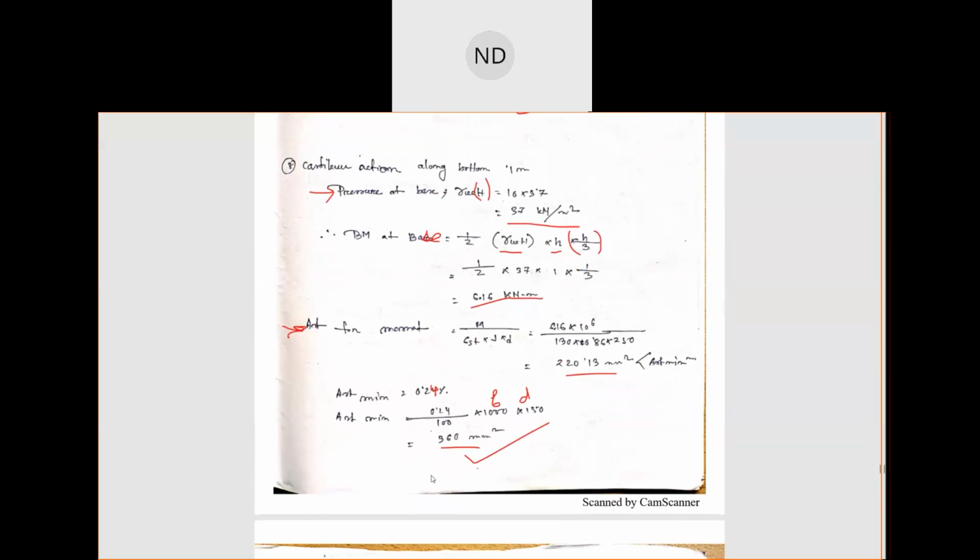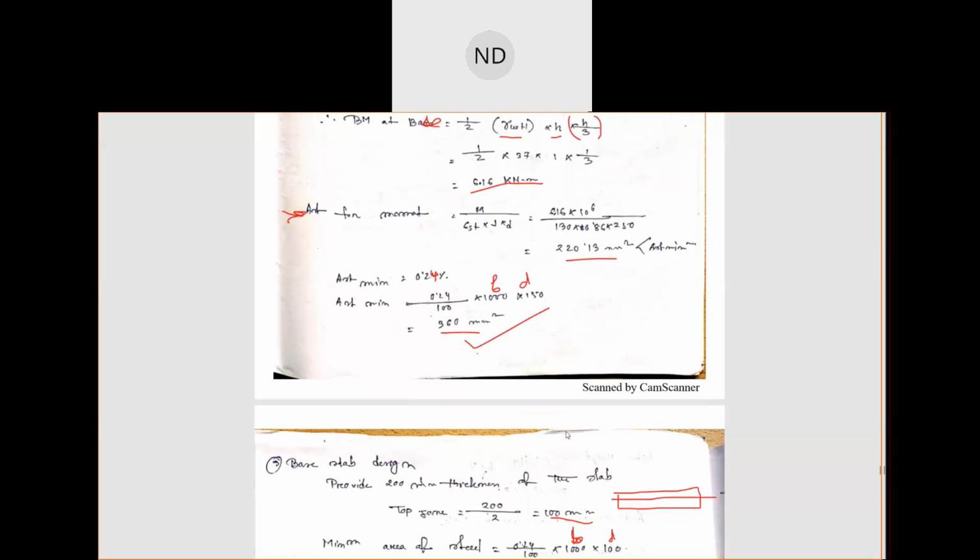So the minimum area of steel required is how much? 360 mm square, we know now. And this one is our area of steel for moment. Okay, so minimum area of steel is 360 mm square.